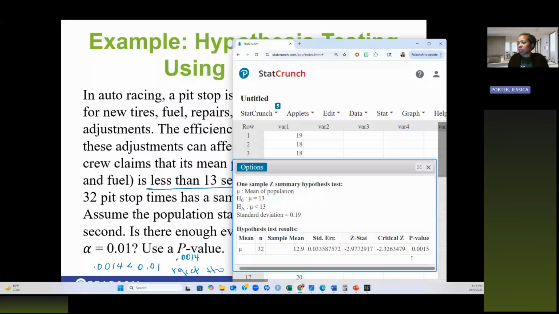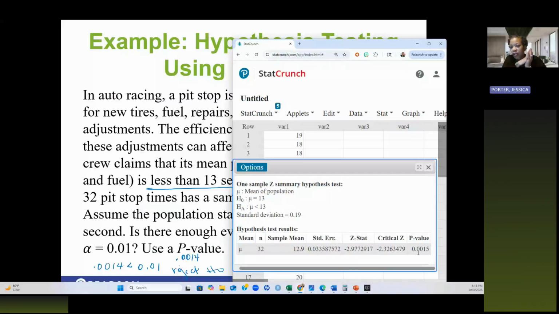The p-value, they rounded, is less than the alpha level. So we can see with StatCrunch that we get the same result.